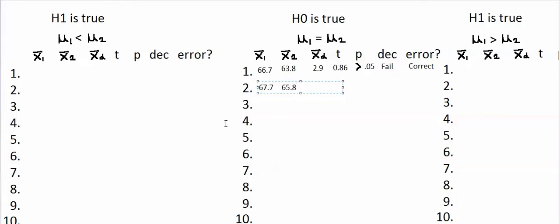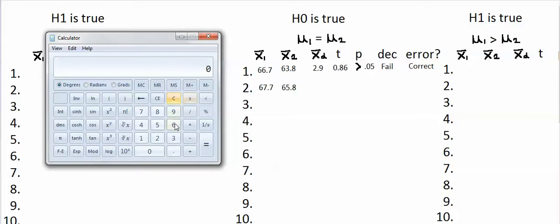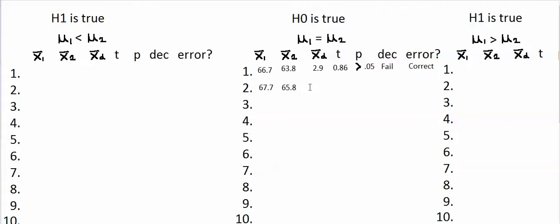This time the sample mean difference will be whatever we get when we subtract these 2 numbers, +1.9, because the first sample mean is bigger.